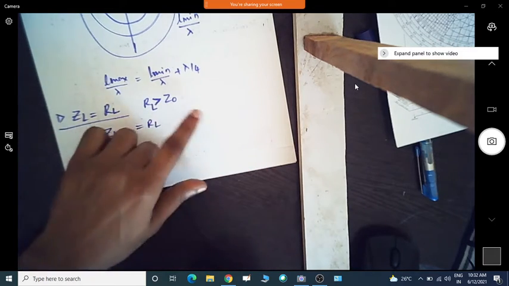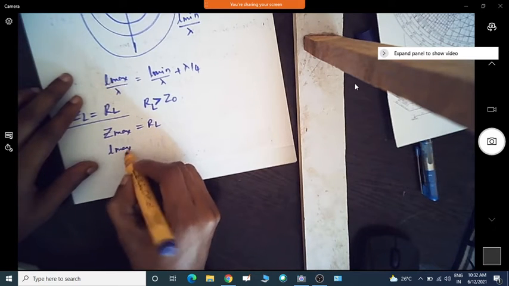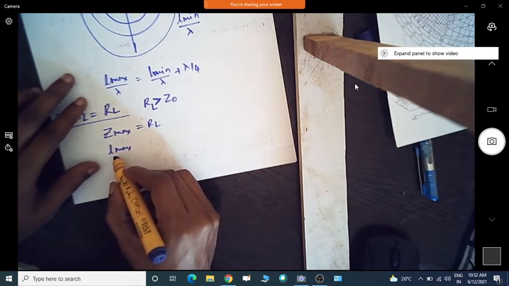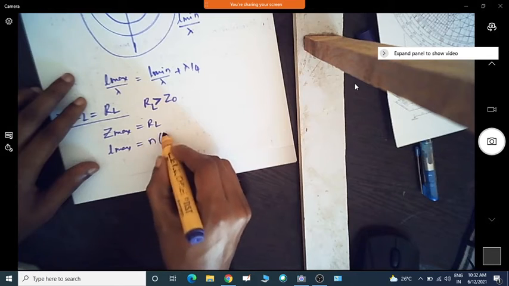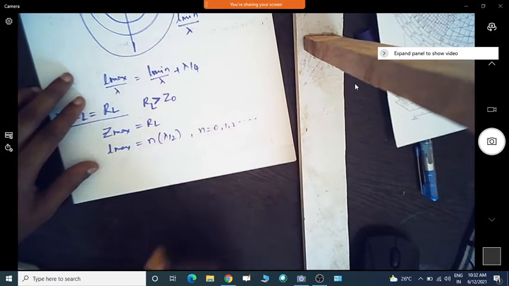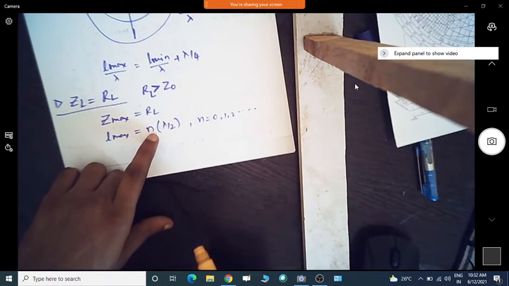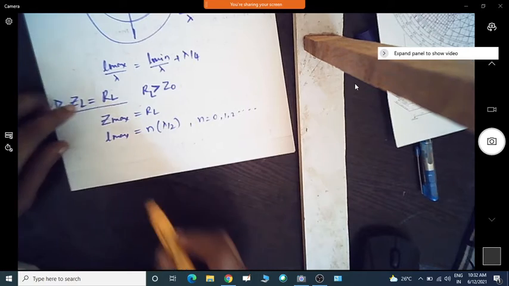Now L max we can write in terms of lambda, L max equals n times lambda by 2, where n equals 0, 1, 2, and so on. The first L max occurs at n equal to 0, where L max will be 0.